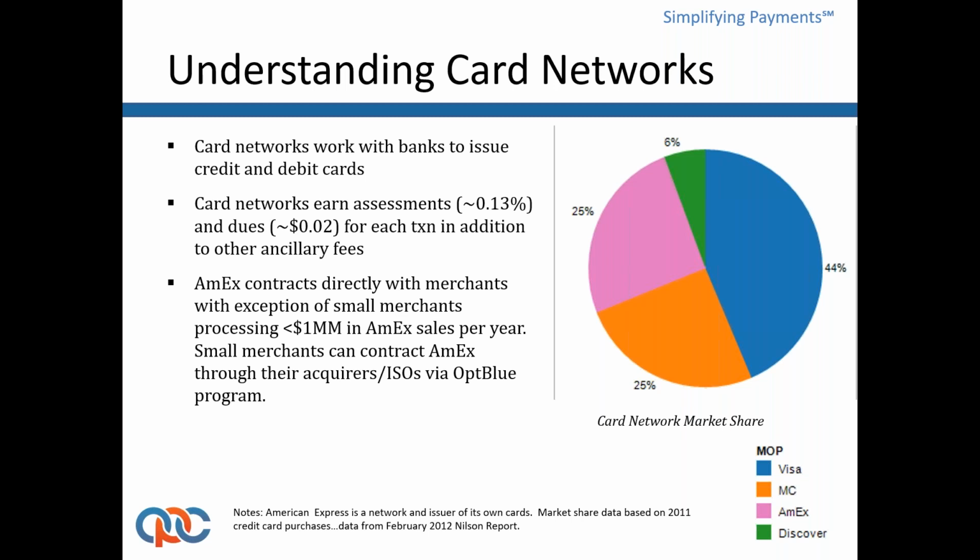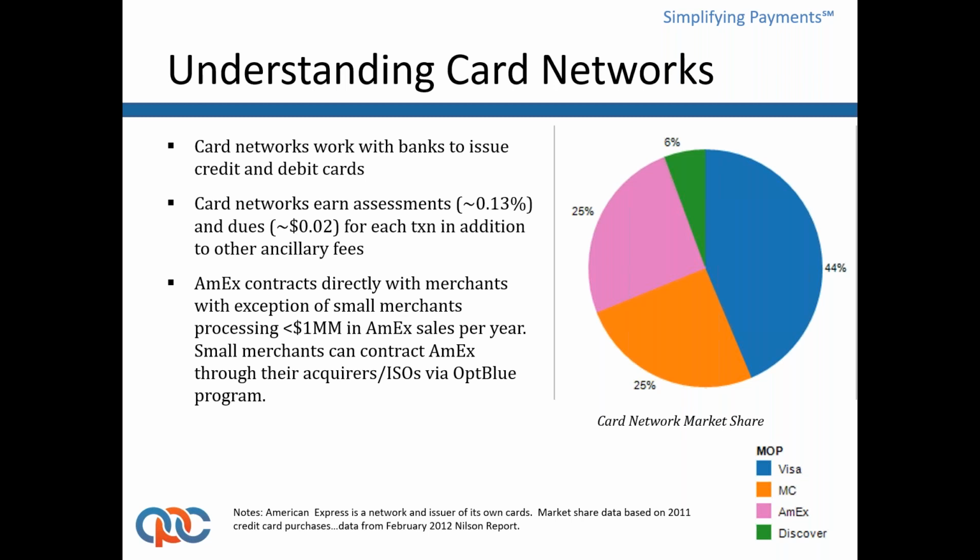Each of these networks charges a series of assessments and dues, and they average roughly 13 basis points and 2 cents per transaction. That's for Visa, MasterCard, and Discover. And they're charged on gross sales. The only caveat is American Express.